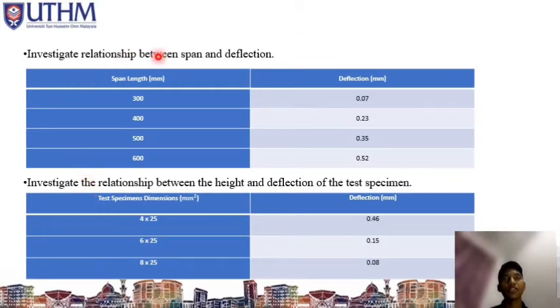Next, the second table is about span length in millimeter and deflection in millimeter. This is the data for the second experiment, and the last table is about height and deflection of the test specimen. The test specimen dimension is in millimeter square and the deflection is in millimeter.